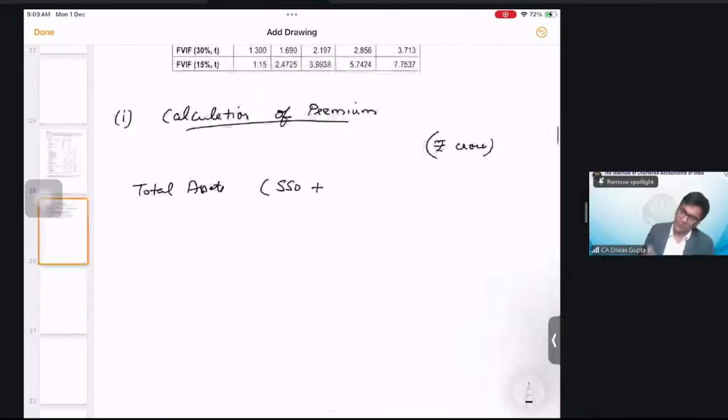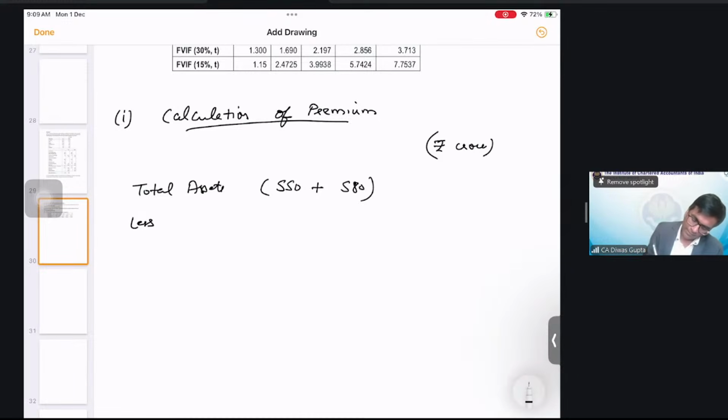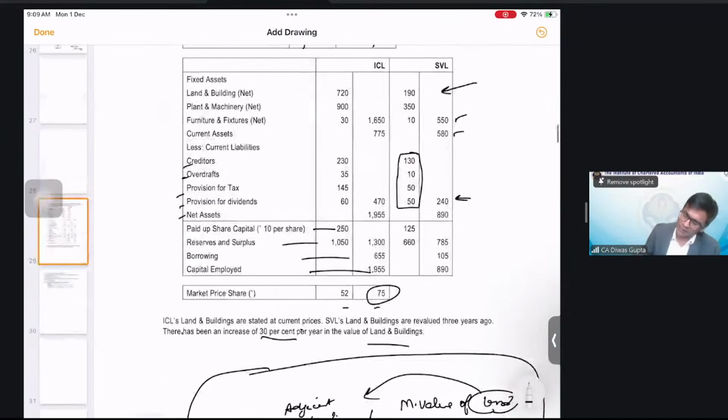Okay. So let's first compute the total assets: 550 plus 580. This we are talking about SVL, less liabilities. So this 105 is the external liability of borrowing as well.